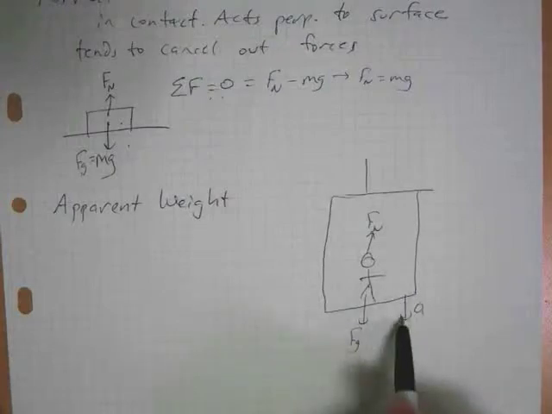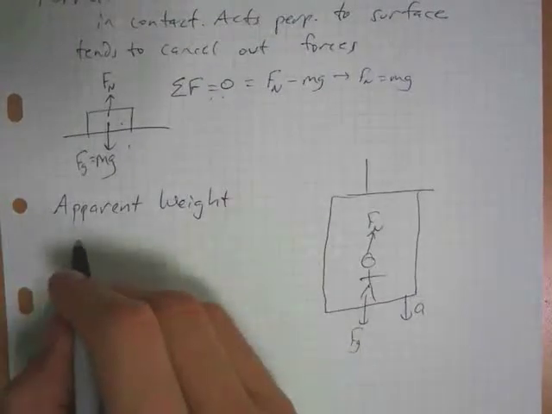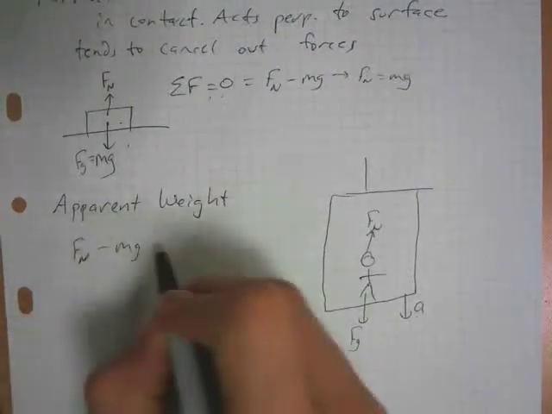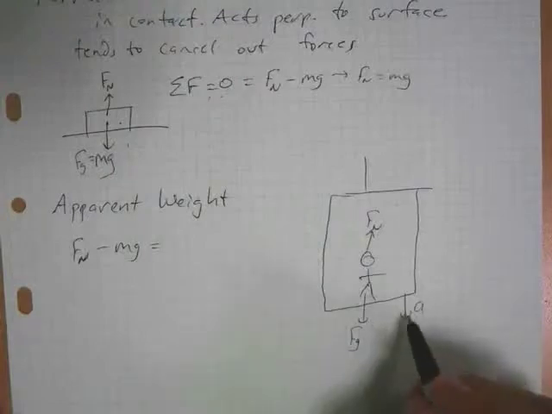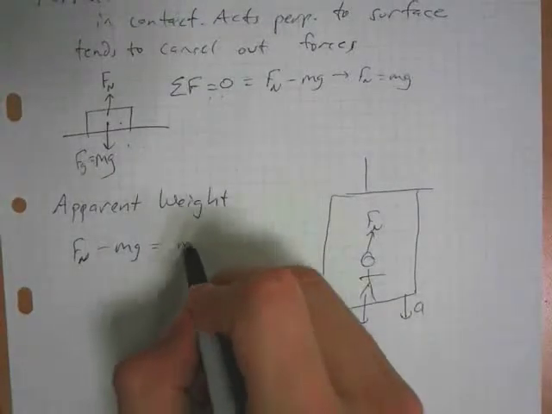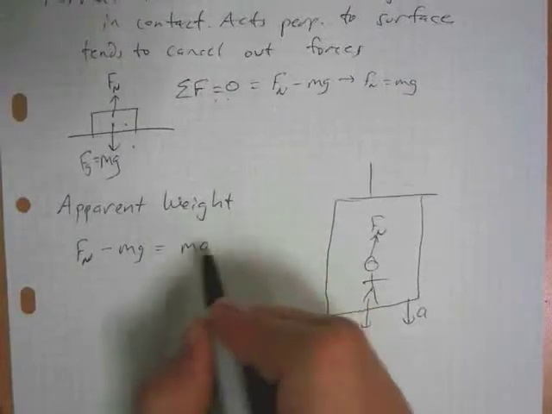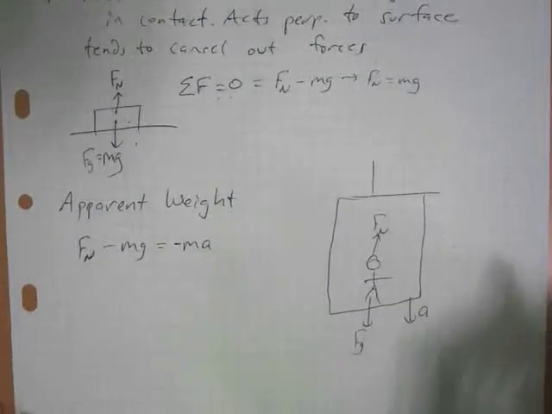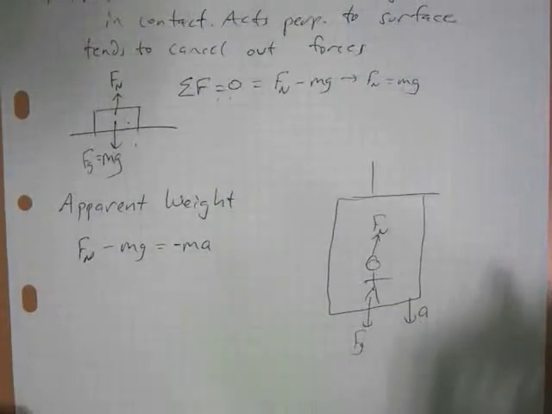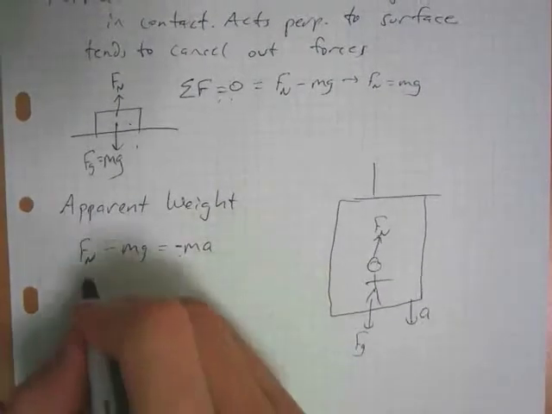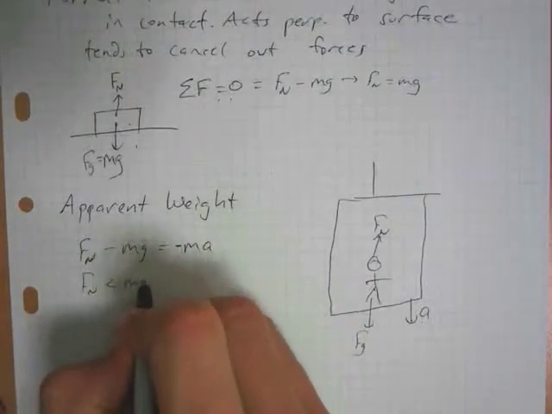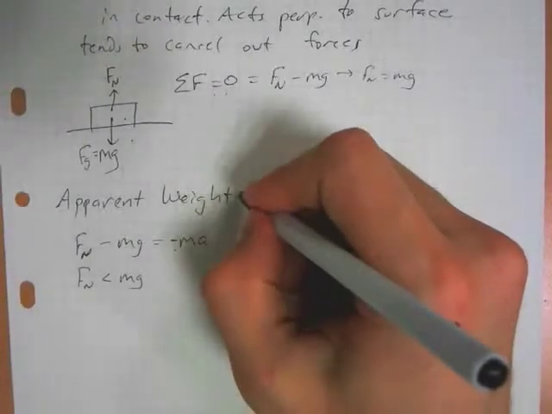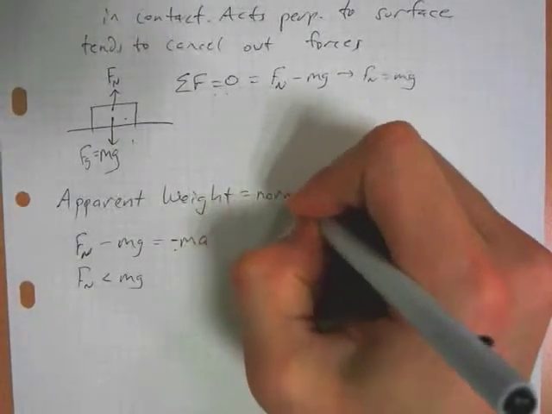When you're accelerating downward, then you can say that the normal force minus the gravitational force is equal to, well, mass times acceleration. In this case, the acceleration being negative means that your ma is a negative number, meaning that your normal force is less than mg. And the weight that we feel is actually the normal force.